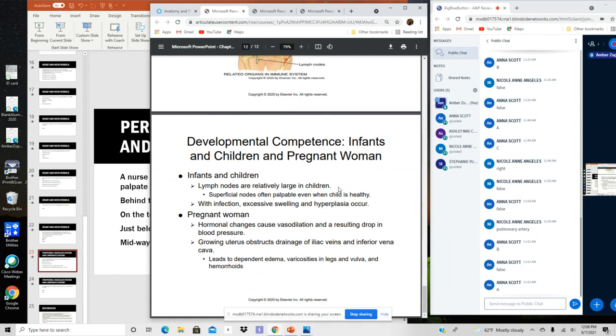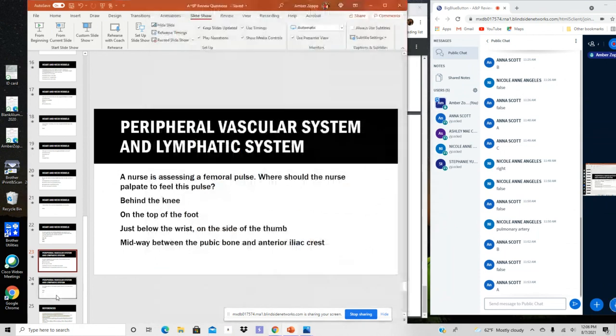Okay. So there's a couple more questions, and then that's it. Okay, so a nurse is assessing a femoral pulse. Where should the nurse palpate to feel this pulse? Yes, midway between the pubic bone and the anterior iliac crest. That's correct. Which pulse would you palpate behind the knee?